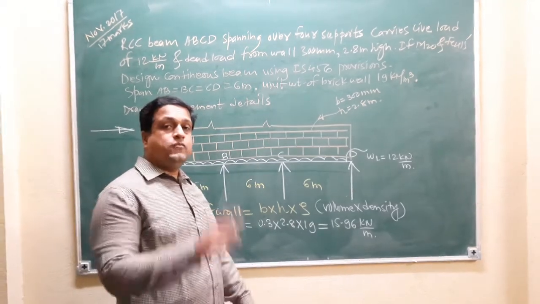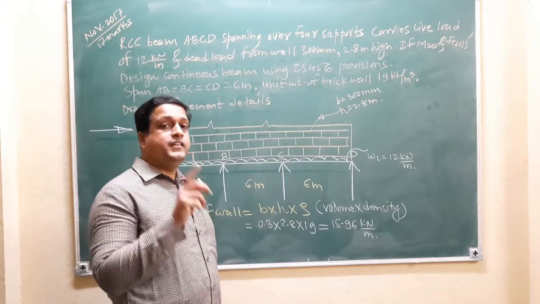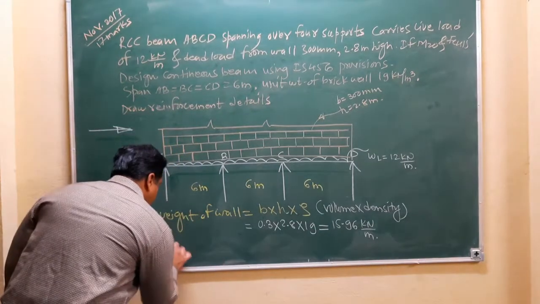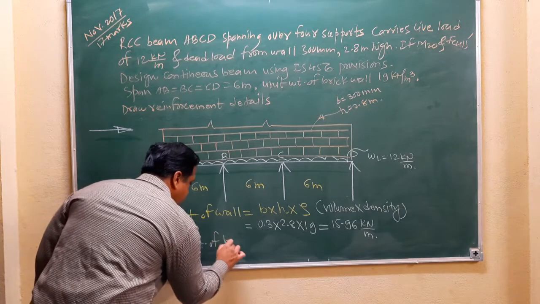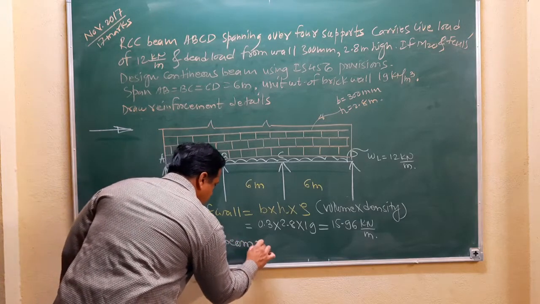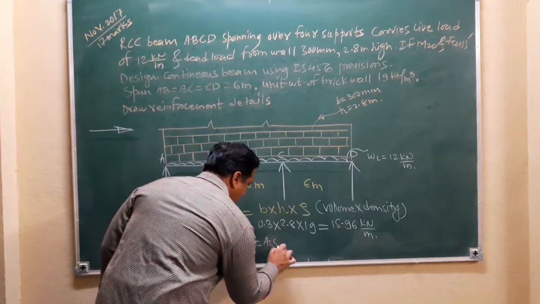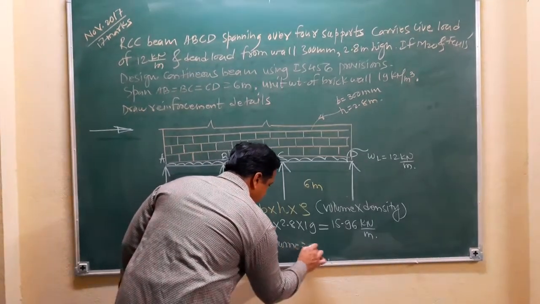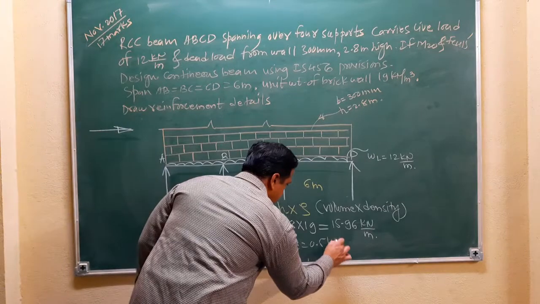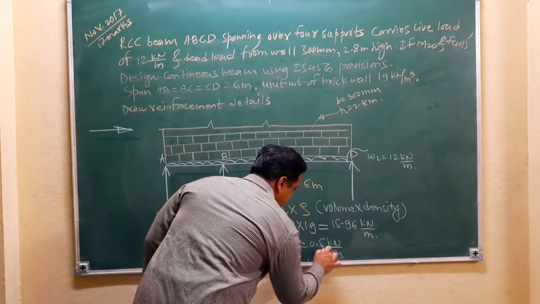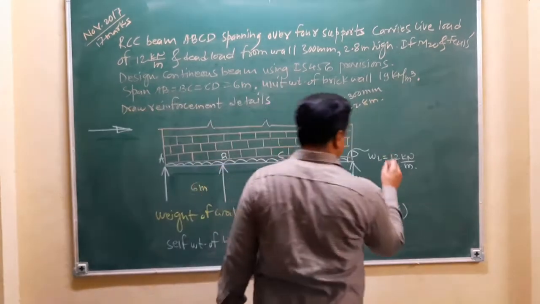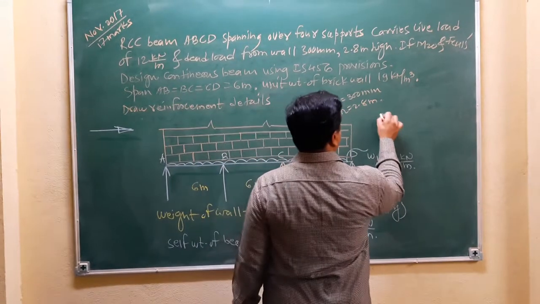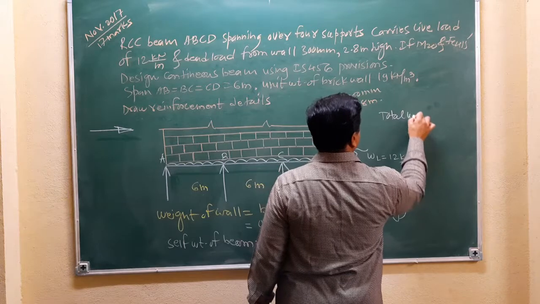Again, you have to consider one more load as a dead load. It is the self weight of the beam. We assume the self weight as 0.5 kilonewton per meter. Then what is the total dead load?